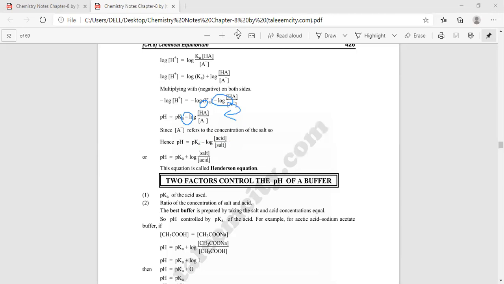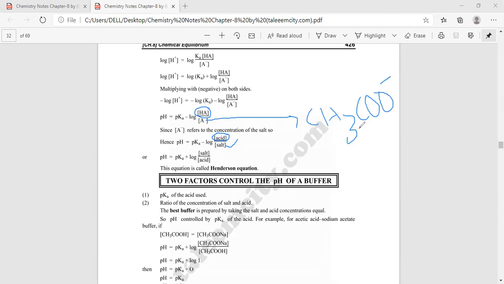So you can change this by writing it as acid. Here you can see minus log, at the numerator the acid is written, and in the denominator the salt is written. This is basically considered as an ion of salt, CH3COO negative for the first example.